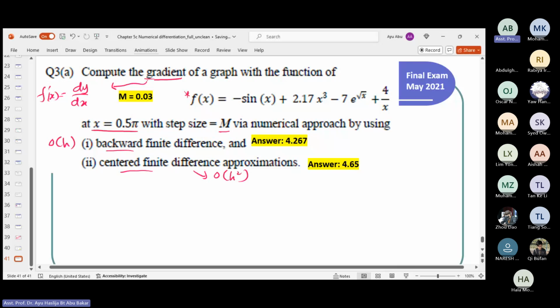Okay, that one is the easiest one. It's up to you to choose since the question doesn't mention. So let's say we choose backward finite difference first derivative the first order O(h). Okay, backward. So here it will mean identify the equation.